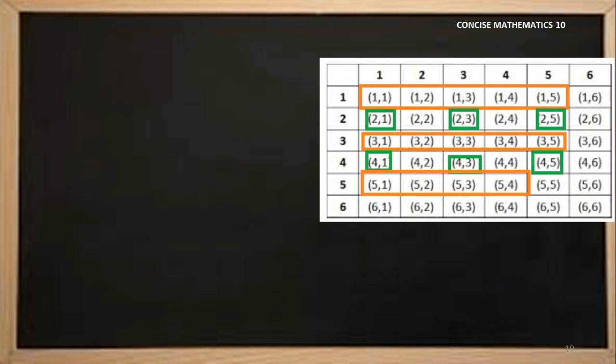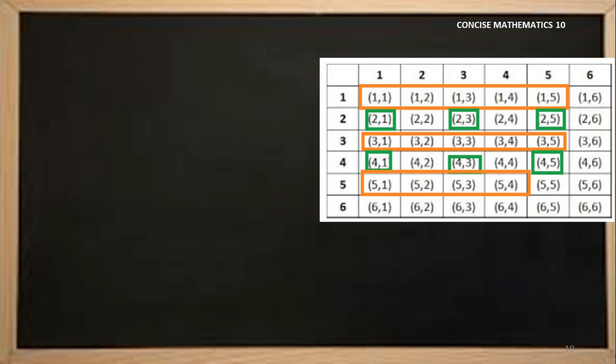And in 3, 5, 5 is an odd number and 3 is a number which is less than or equal to 4. In the similar way, the fourth column 4, 1, 4, 3, 4, 5, 1, 3, 5 are the odd numbers and 4 is a value which is less than or equal to 4.